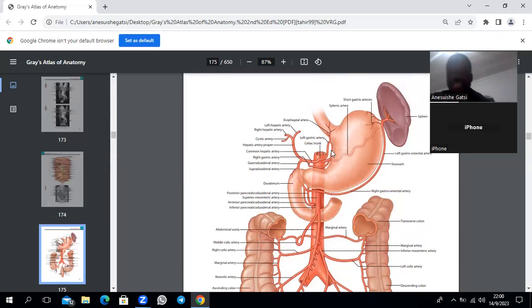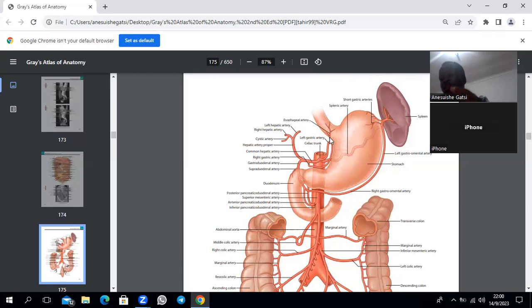So let's start with the smallest. The smallest is the left gastric. I remember the other time I did esophagus and a bit of the stomach. Esophagus has 3 parts: a cervical part in the neck, a thoracic part in the thorax, then an abdominal part. Besides dividing into upper third, middle third, lower third, those different thirds have a different blood supply.